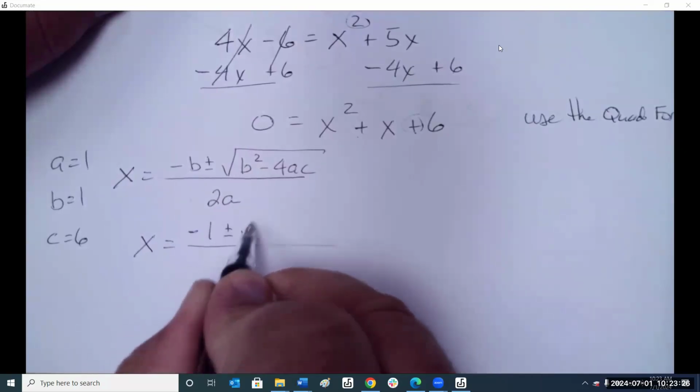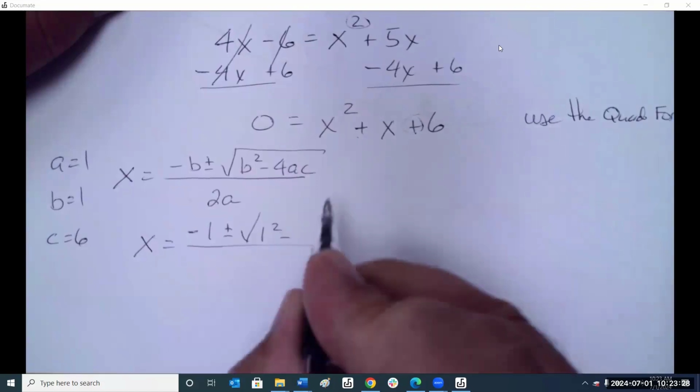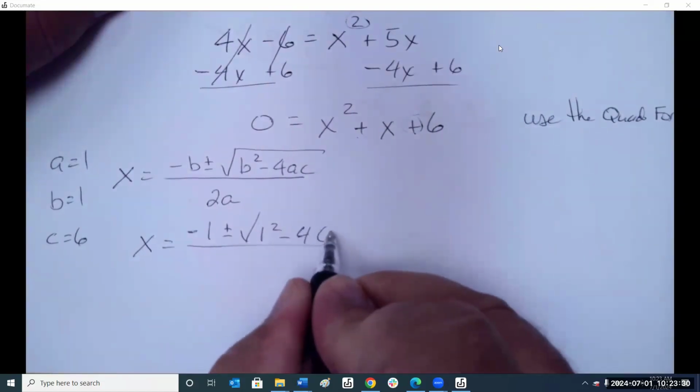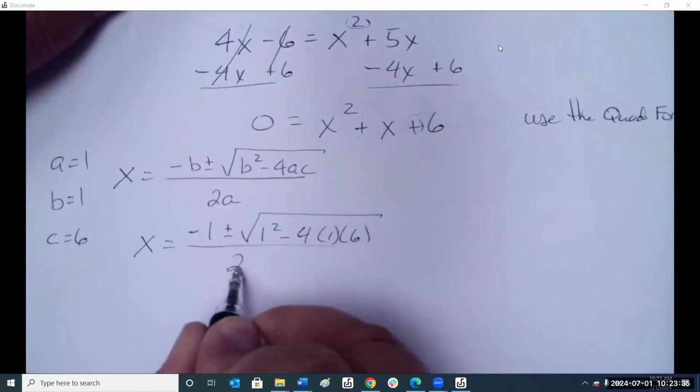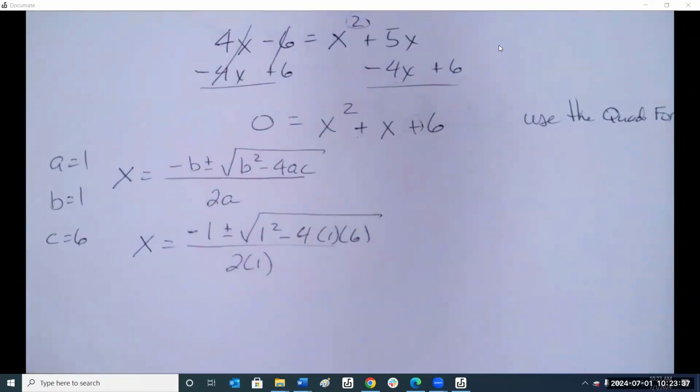Negative 1 plus or minus the square root of 1 squared minus 4 times 1 times 6, over 2 times 1.